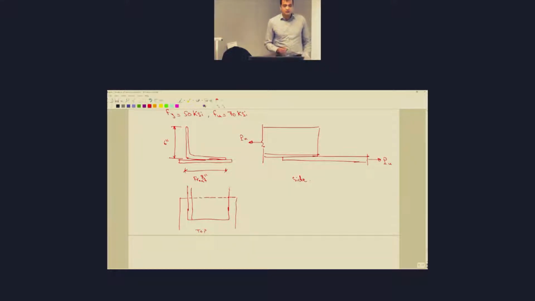So here it says that it's connected by longitudinal weld on the side here. So that's the weld on both sides here. So that's the longitudinal weld. And you have a transverse weld as well, that's going to be something that you actually see here. So that's the transverse weld.